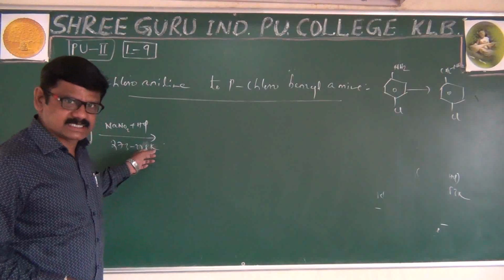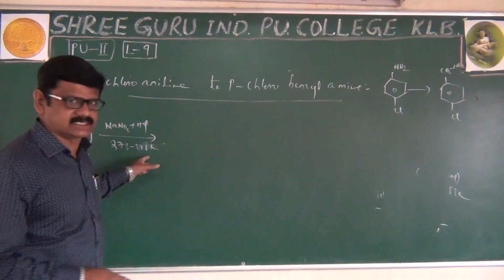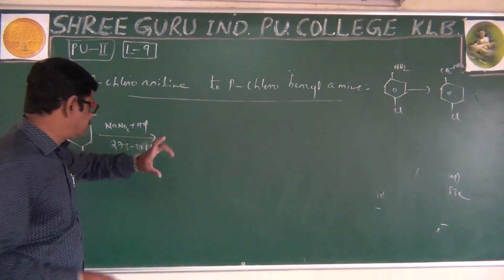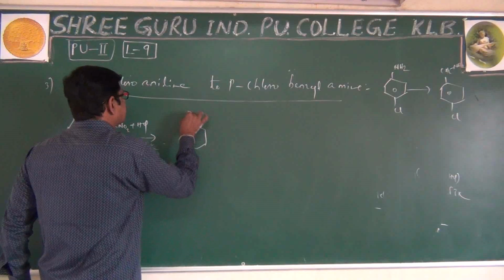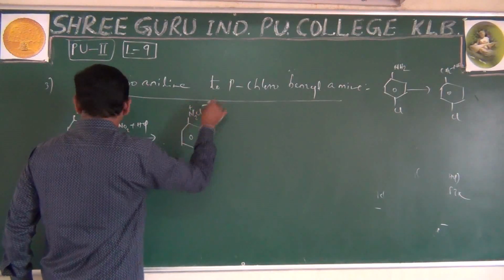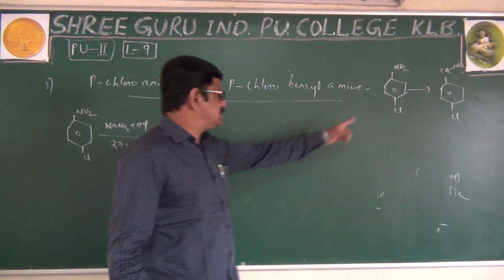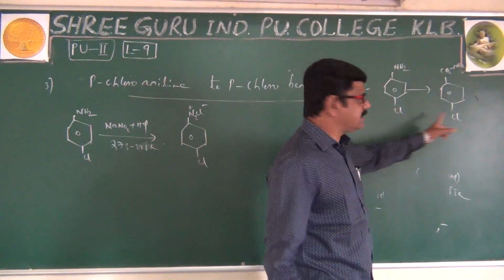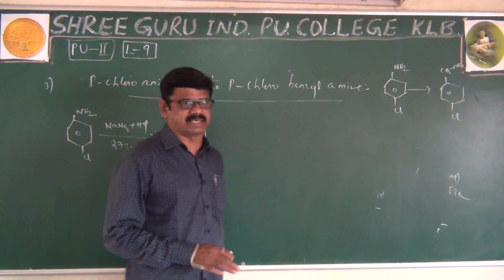I think in the previous case also we mentioned that 273 to 278 Kelvin is what we have to write for a diazotization process, remember. And we will get benzene with N2Cl and Cl. Here, chlorine as a reactant remains the same in the product. We are not changing the chlorine.